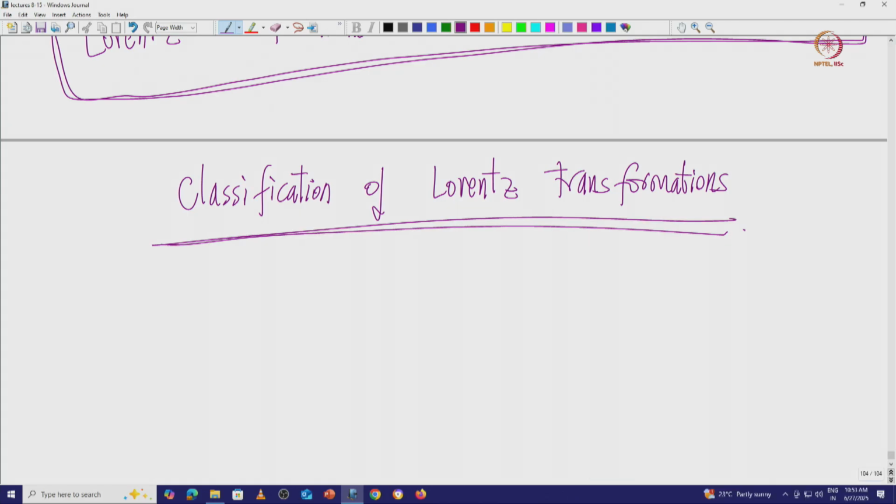So we'll start with the same condition, G mu nu is equal to lambda, using the same notation as above.